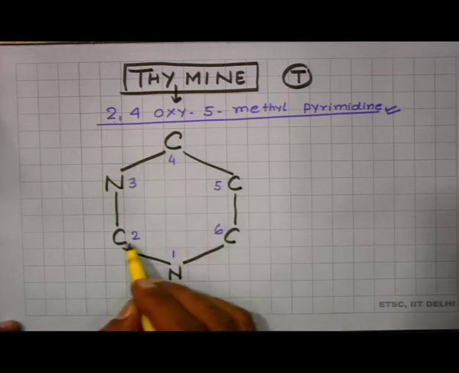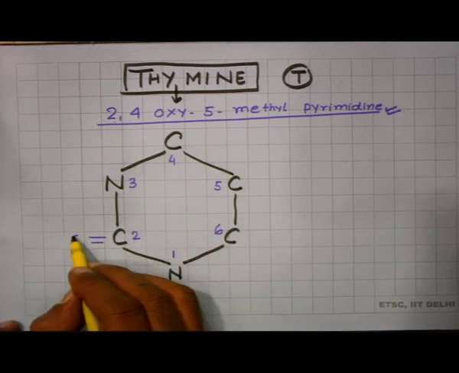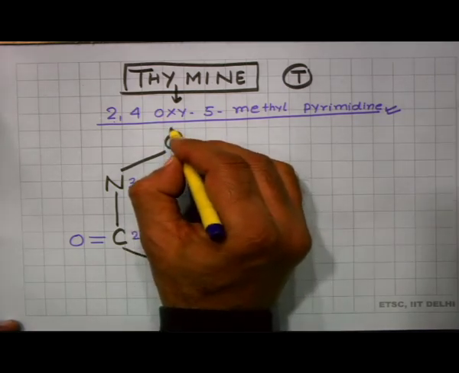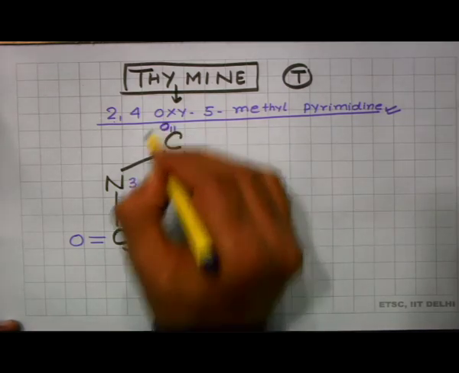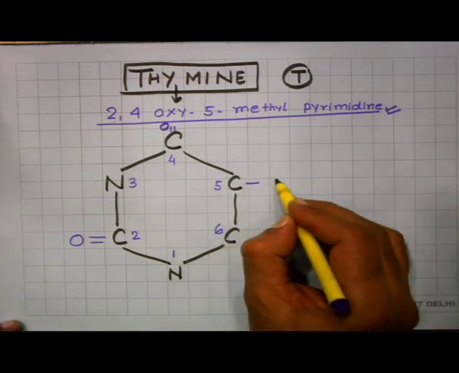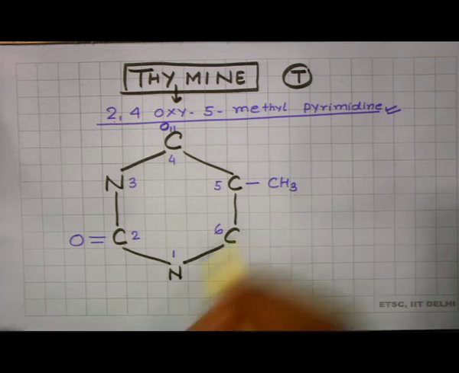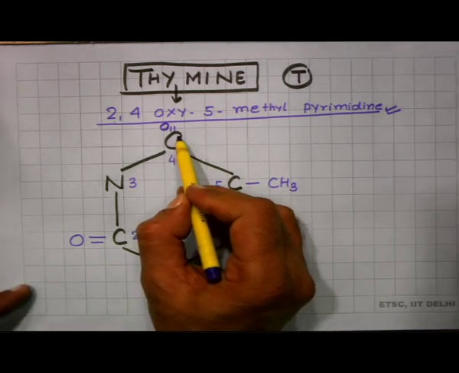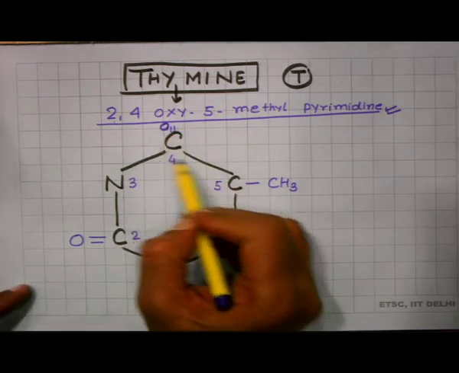2,4-oxy, at 2 position oxy group is there, at 4 position oxy group is there, and at 5 position there is methyl group. So, by placing this we can easily write the structure of thymine. Here the carbon has 1, 2, 3, 4 valency.